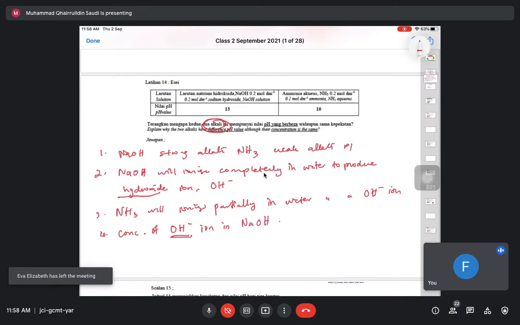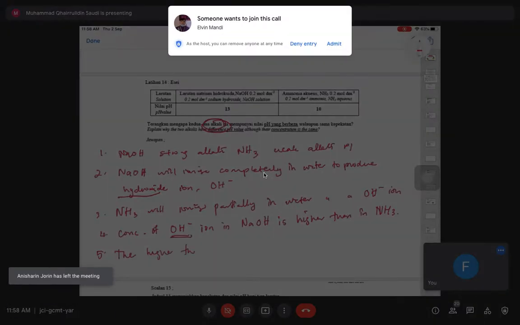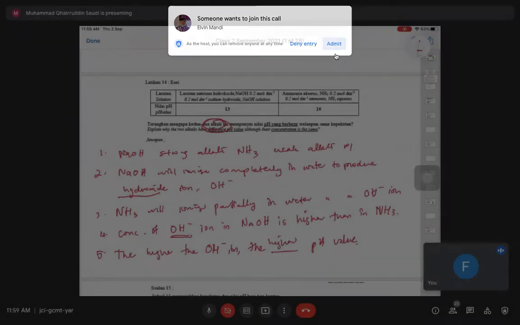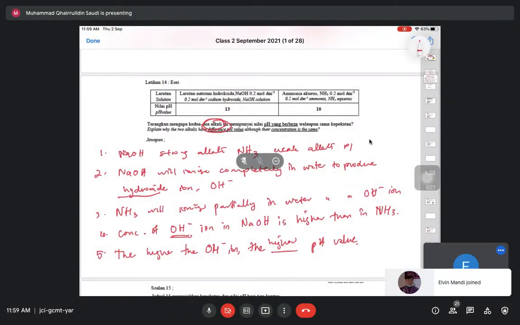Yes, hydroxide ion in sodium hydroxide is higher than in ammonia. Good. And then we talk about the relationship. So the higher the hydroxide ion, the pH value? Good, the higher the pH value. So you should be able to get 5 marks for this one as well.